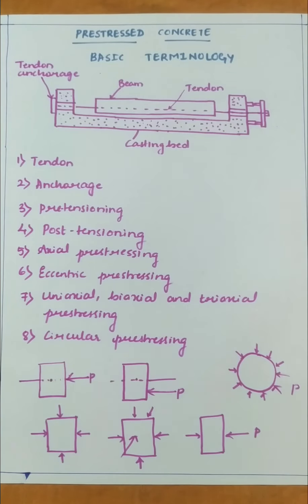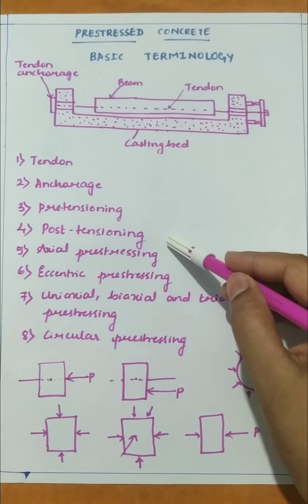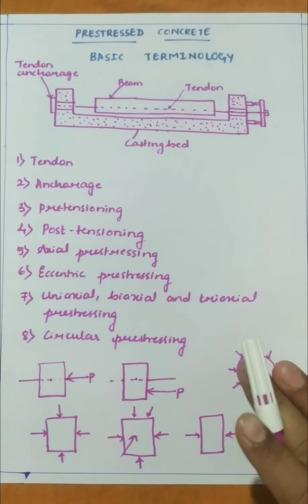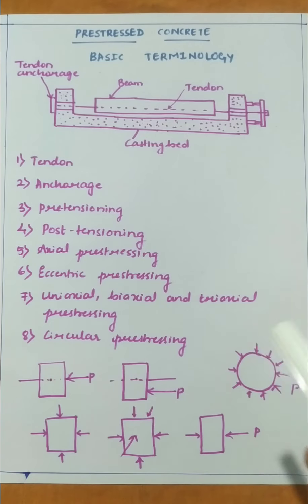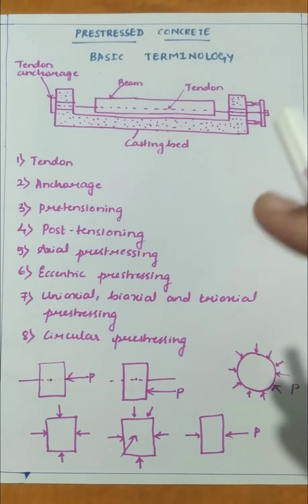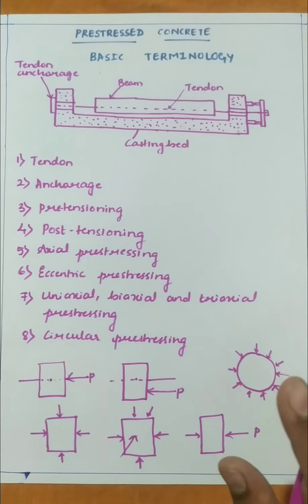Next, there are two important terms in pre-stressed concrete, which describe how the pre-stress is imparted to any beam, element, or member. The first method is pre-tensioning, and the other method is post-tensioning. So what is pre-tensioning? It is a method of pre-stressing concrete in which the tendons are tensioned before the concrete is placed.